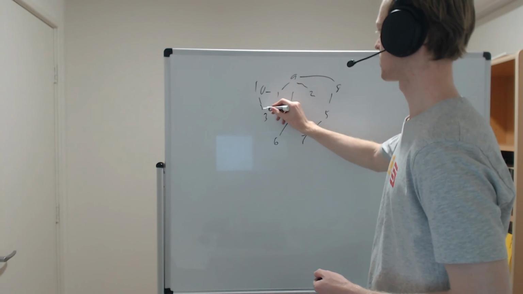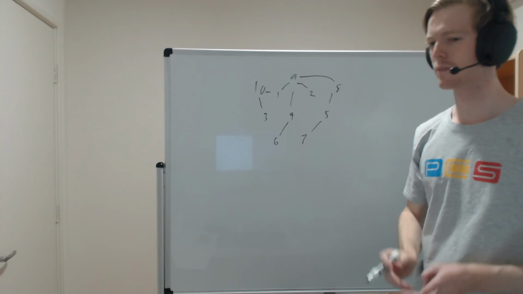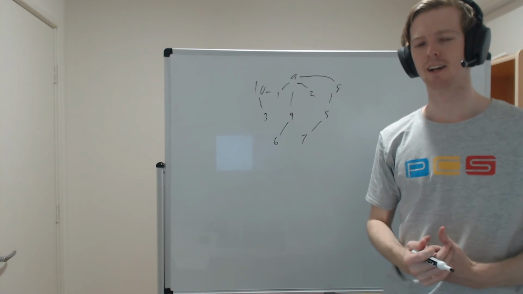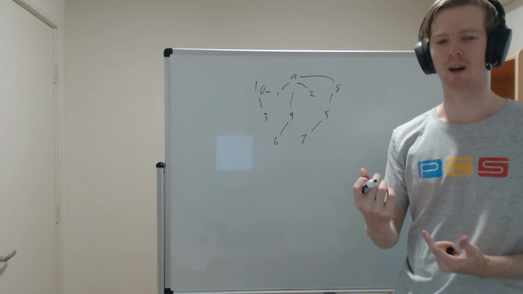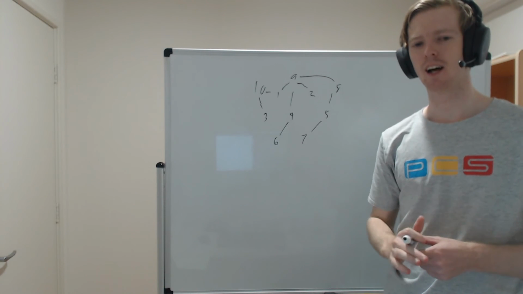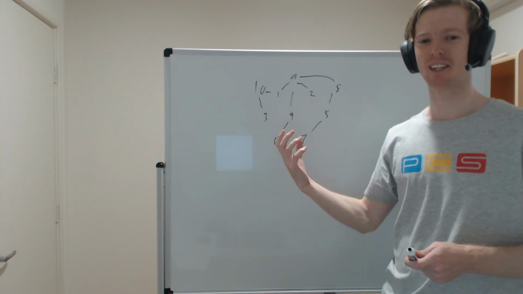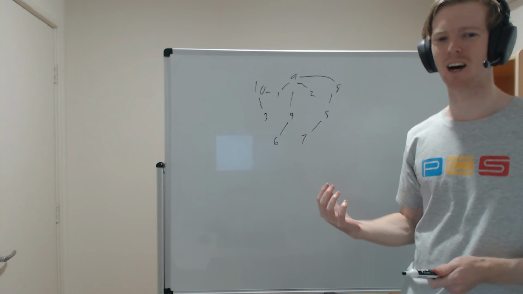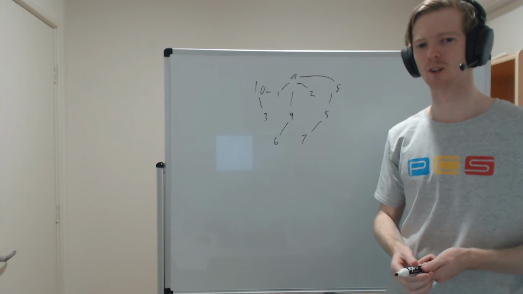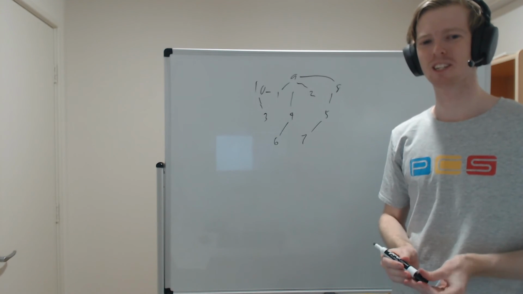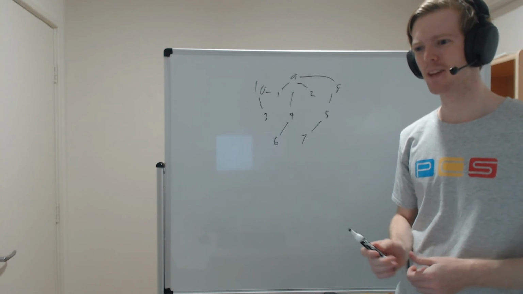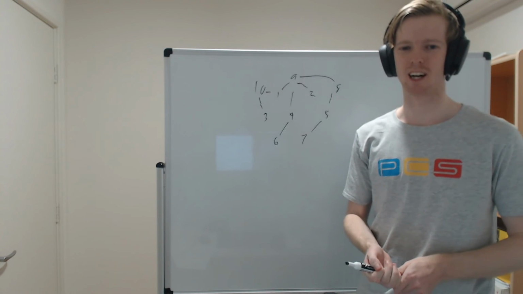Yeah, everything's connected. Cool. So the centroid is a node where, once you remove that node, every single subtree that's created will have no more than n over 2 elements. And this will exist for at most 2 nodes in a tree.